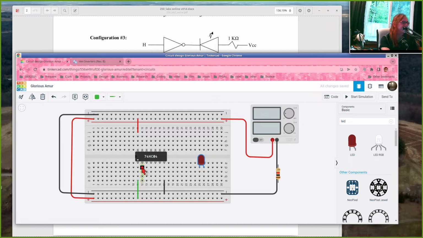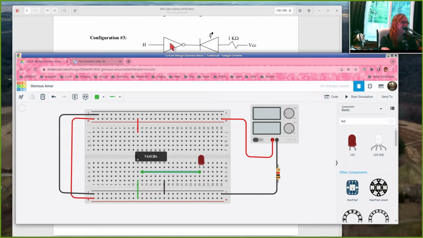I got to use a wire. So I'll take a wire from there and I'll just plug it into any hole in this column. And now pin 2, which is the output of my inverter, is connected to the cathode or negative end of my LED.